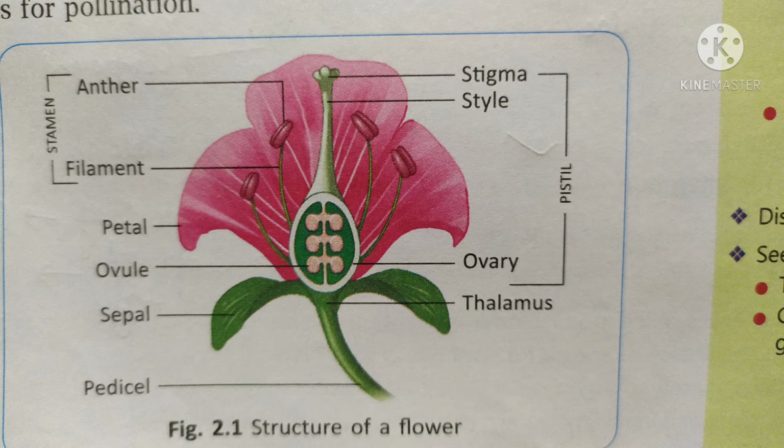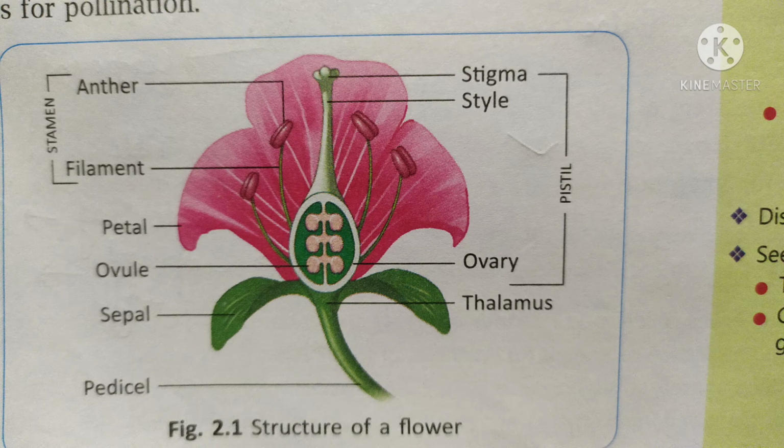Next, we will see the third whorl of a flower, which is inner to petals. It is known as androecium, or stamens. It is the third whorl of a flower, inner to petals, and this is the male reproductive whorl of a flower.